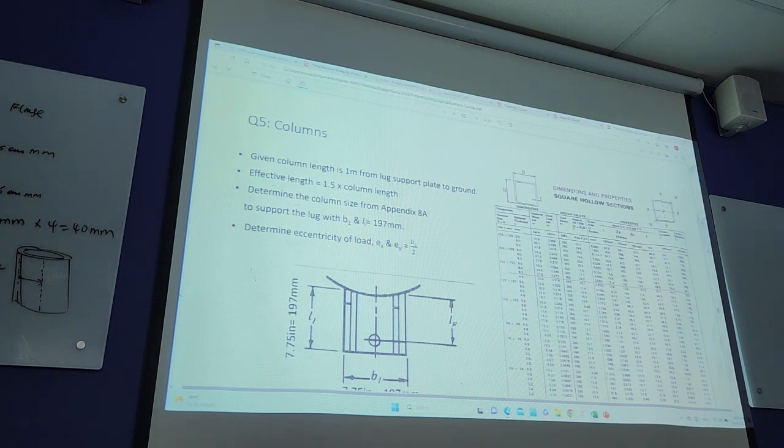So we have to select the next higher one, which is 203.